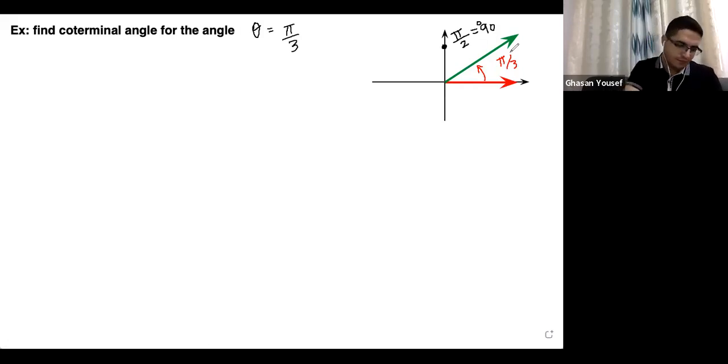So how can I find the coterminal angle for this? Like I said before, you can just keep adding.